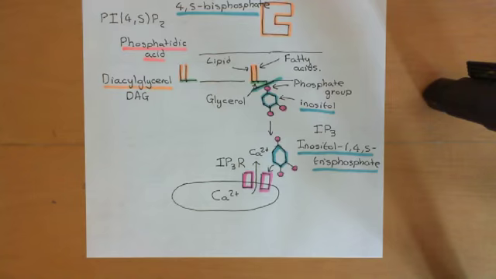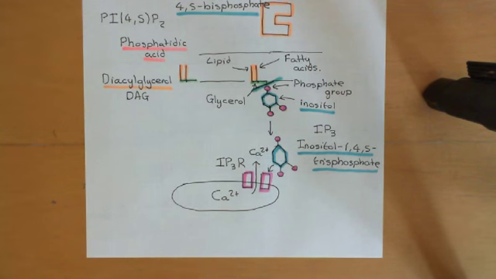Now the main protein kinases require calcium and diacylglycerol to activate them, but the one that we're actually going to see is involved in phosphorylating TRPV1 channels actually doesn't require calcium.